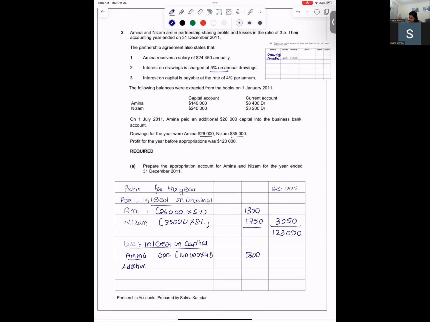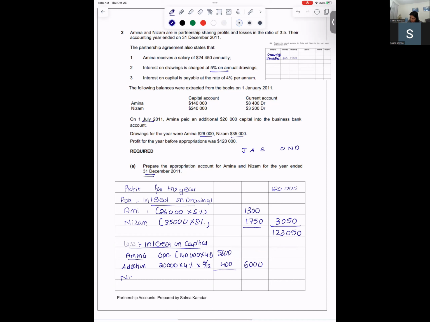The additional capital for Amina is 20,000 into 4%, and this is brought in July. So July, August, September, October, November, and December, up till 31st of December, into 6 by 12. So it is 400. So interest on capital for Amina is 6,000.